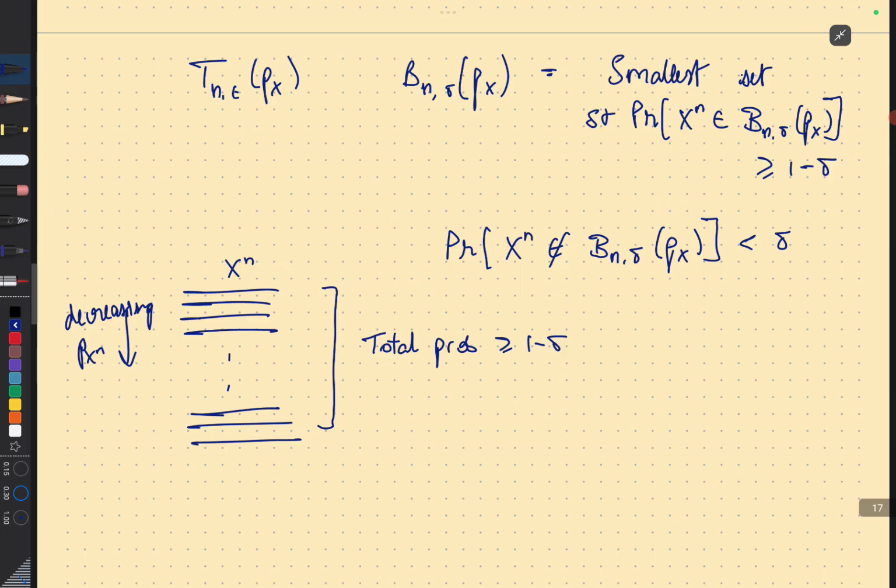So clearly, if I want to make sure that the probability of error is at most delta, then what is the minimum rate that I can possibly achieve?